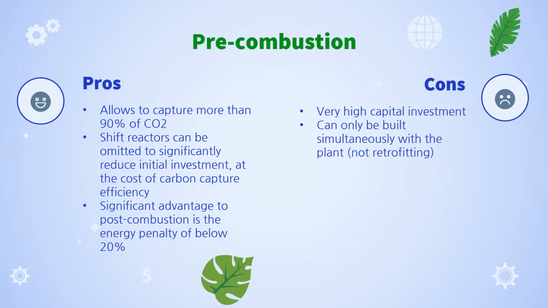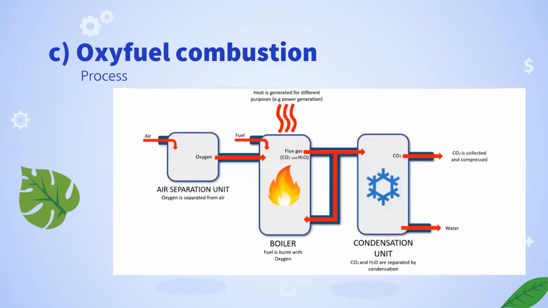So let's move on to the oxy-fuel combustion. The oxy-fuel combustion is basically a kind of spin on the post-combustion, where at first oxygen is separated from air, and then it reacts with the fuel to create a flue gas.